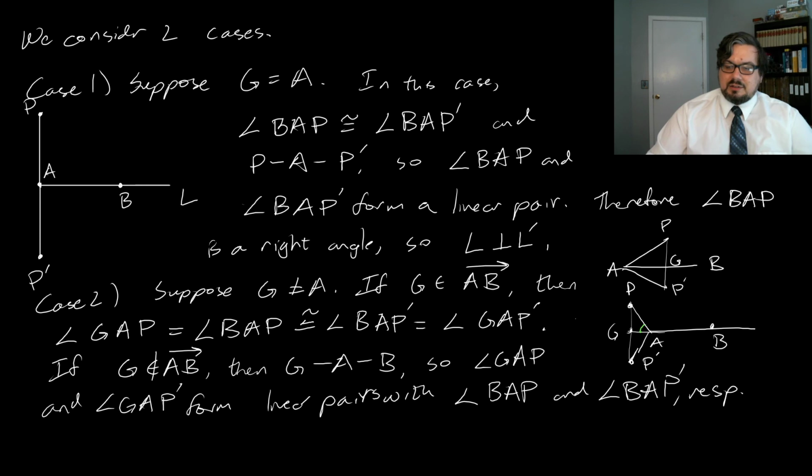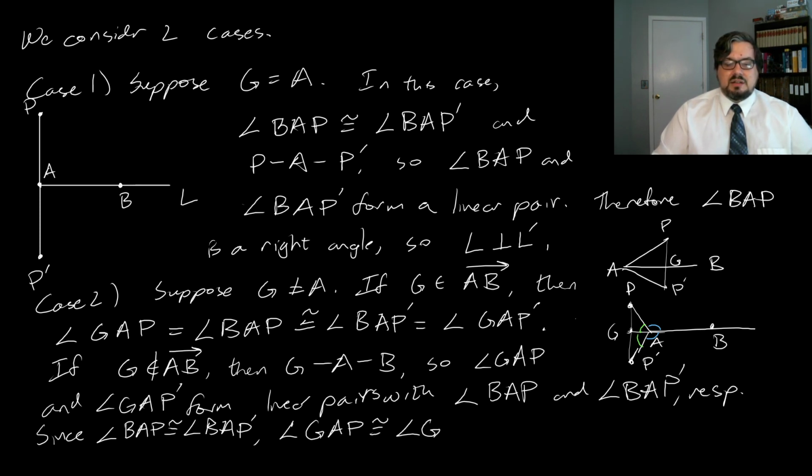So we're looking at the angle GAP prime, and they're both forming linear pairs with BAP and BAP prime, respectively. Now, since the angle BAP is congruent to the angle BAP prime, we have that the angle GAP is congruent to the angle GAP prime.